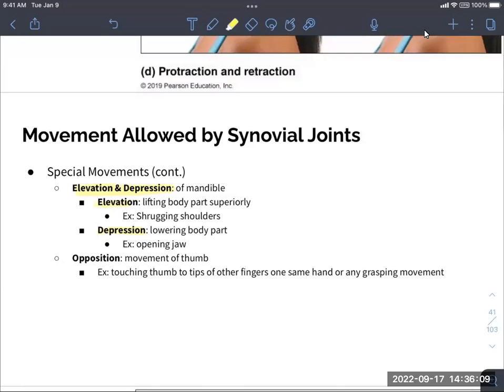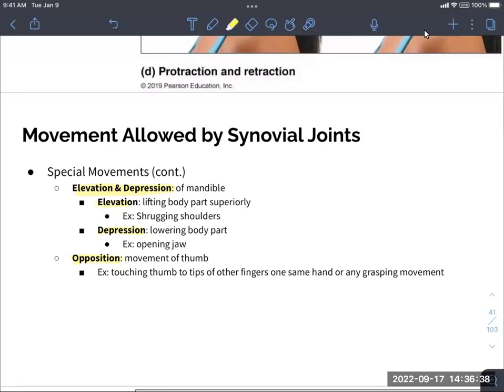Opposition. This is a movement of the thumb specifically. You can take your thumb and touch the tip of the other four fingers on that same hand. That is opposition, and that's what allows you to hold something. Hold a pencil, a pen, your phone.